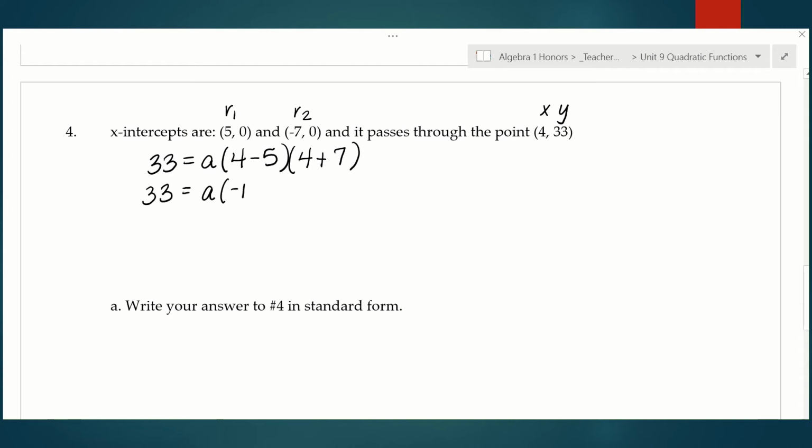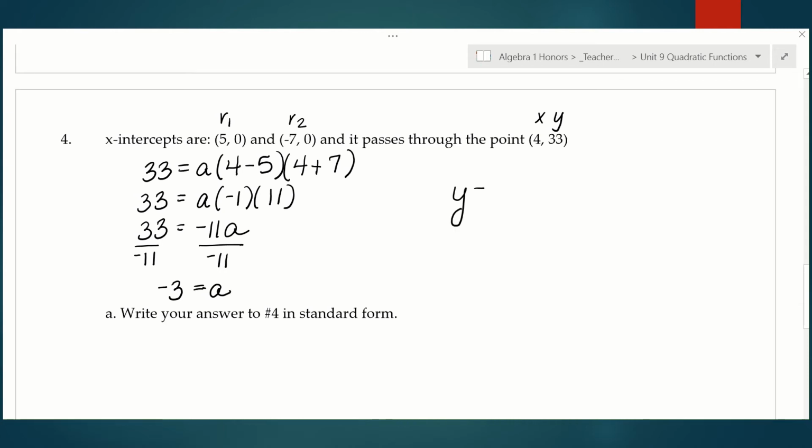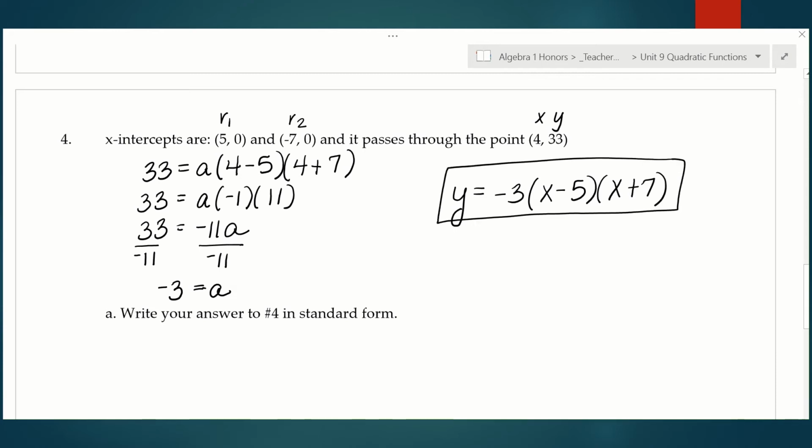Okay, so a times -1 times 11, so we get -11a, which means a is -3. Okay, so to write our final equation here in root form, y equals -3 times x minus 5 times x minus -7, which means it's x plus 7. Another parabola that's opening downward.